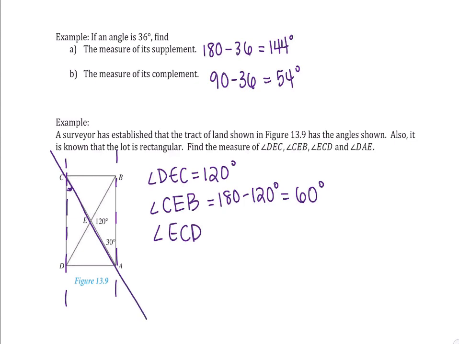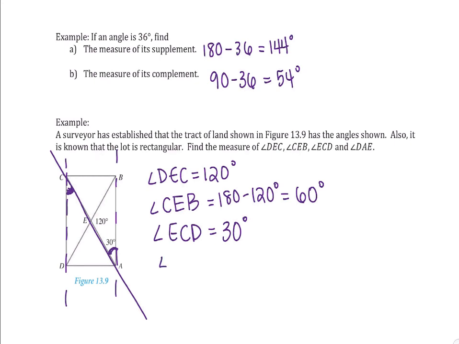When we do that, we see that this angle that we're looking for is an alternate interior with the angle there marked 30 degrees, because they are on opposite sides of that transversal and inside the parallel lines. Alternate interior angles are congruent or equal, so that will also be 30 degrees.